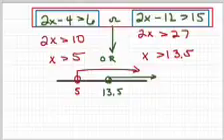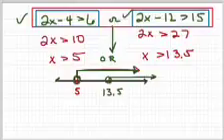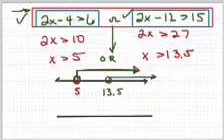If we look at the graph, everybody to the right of 5 makes one of the statements above true. From 5 to 13.5, the one on the left is true, and the one on the right is not. And after 13.5, they're both true. But because it's an OR statement, we only care if one of them is true.